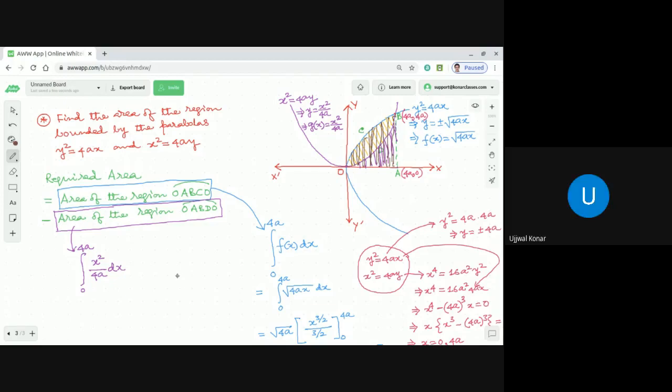So we need to find the area of this region, that is 0 to 4a x square by 4a. So that is equal to what? 1 by 4a. So let me write in this one. That is equal to 1 by 4a integration x square dx 0 to 4a.